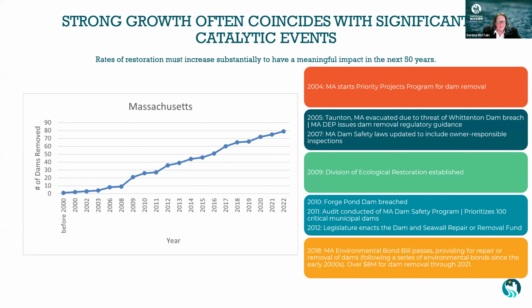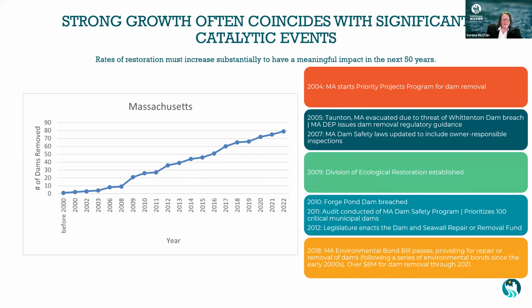And the last thing on the timeline, an important thing to mark in Massachusetts growth, is in 2018, a Massachusetts environmental bond bill passes providing for repair or removal of dams. And note, this isn't the first environmental bond bill in Massachusetts. This is one of the more recent ones in a series of environmental bonds since the early 2000s. But through 2021, funding from these programs has provided over $8 million for dam removal projects.